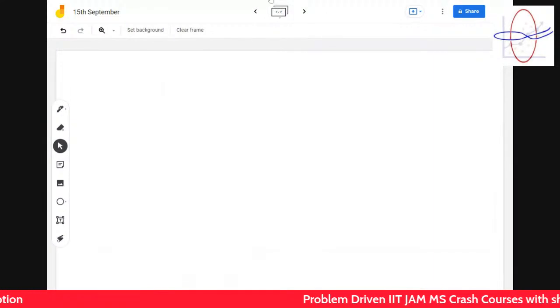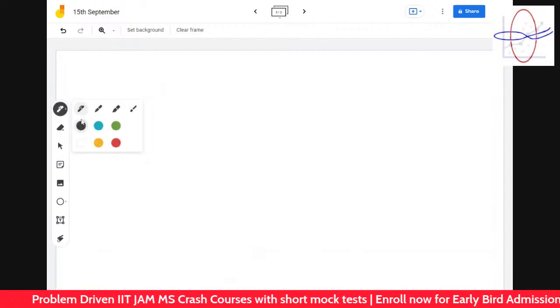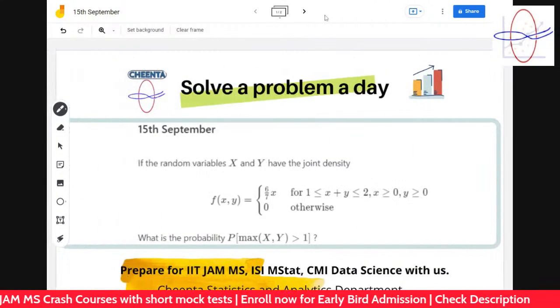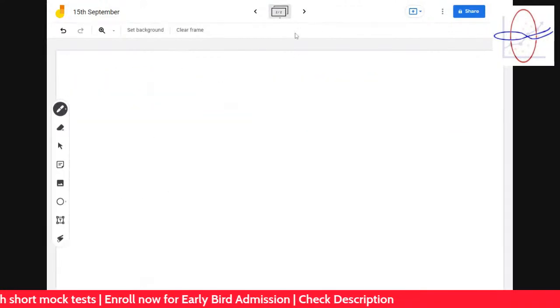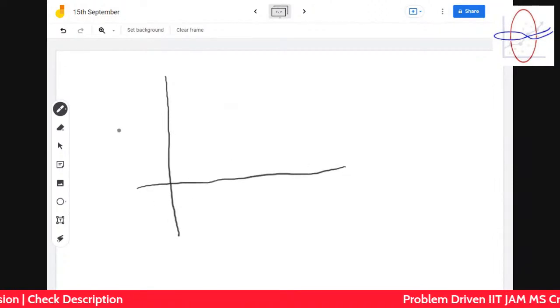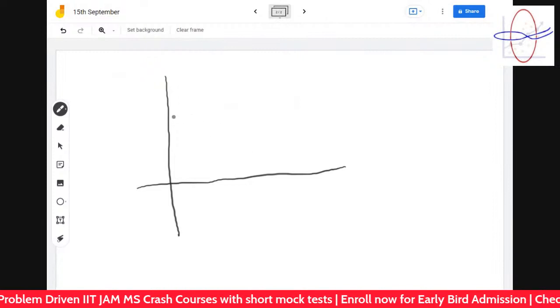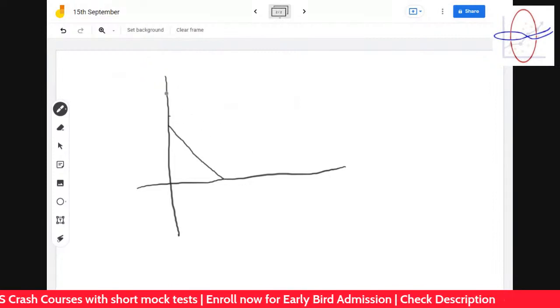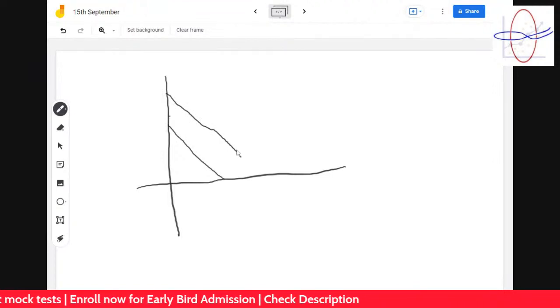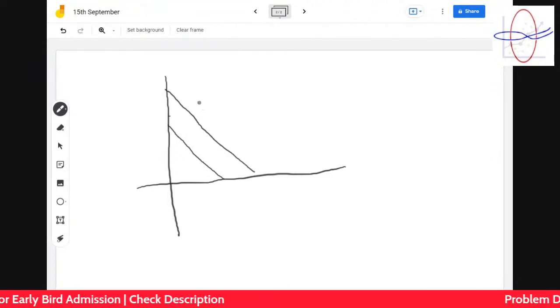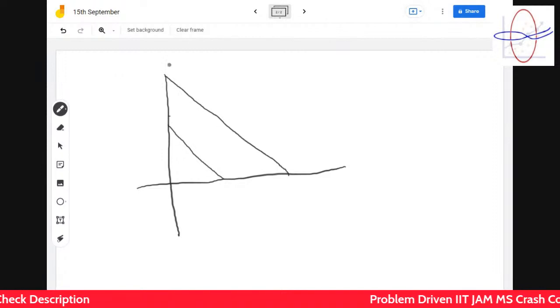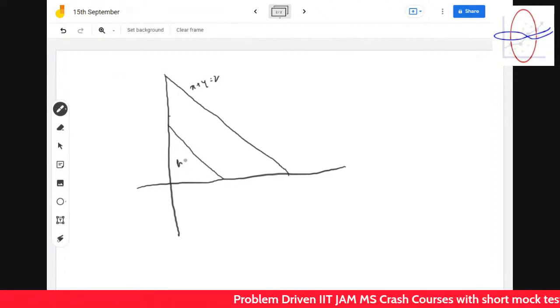So let's draw the region. f of x comma y is defined as 6 by 7 x, and the region is x greater than or equal to 0, y greater than or equal to 0, that is, the first quadrant, where x plus y is greater than or equal to 1 and less than or equal to 2. These are two lines: x plus y equals 1 and x plus y equals 2.